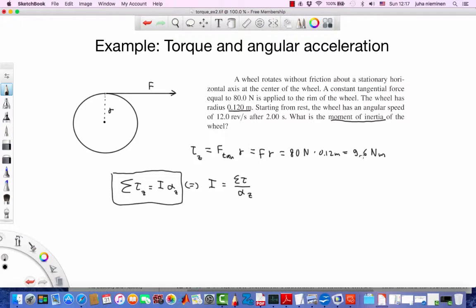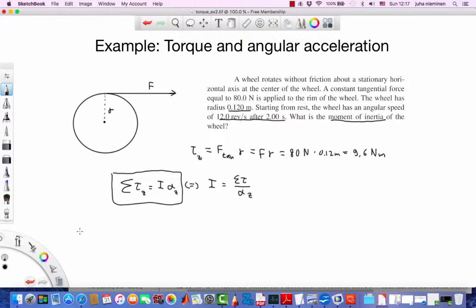Now that we have constant torque right here, and moment of inertia is a constant, that means that the angular acceleration in this case will also be constant. So we have means of evaluating that based on this information. So after 2 seconds, the angular speed is 12 revolutions per second.